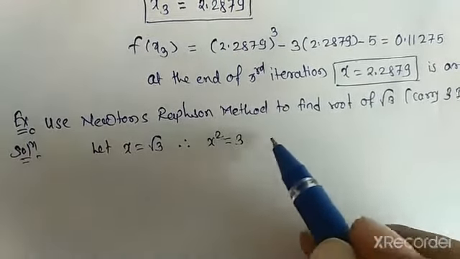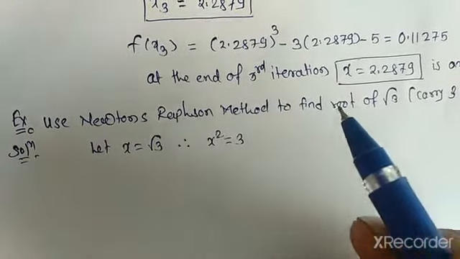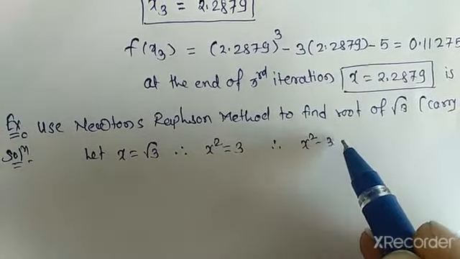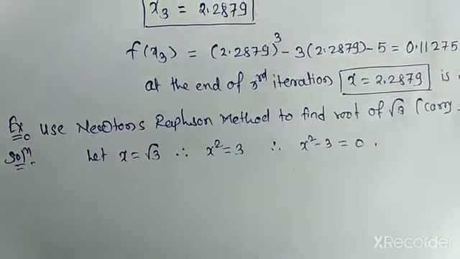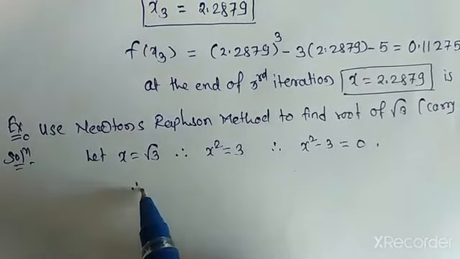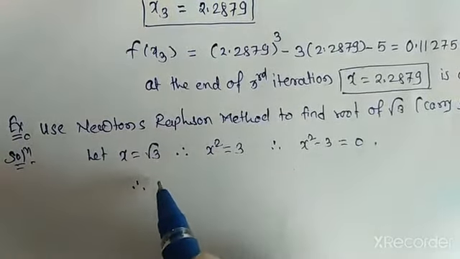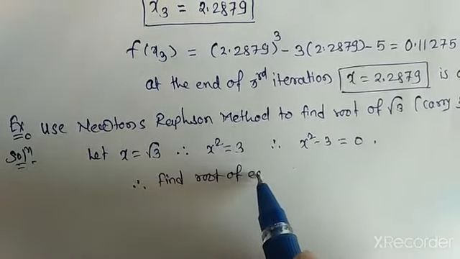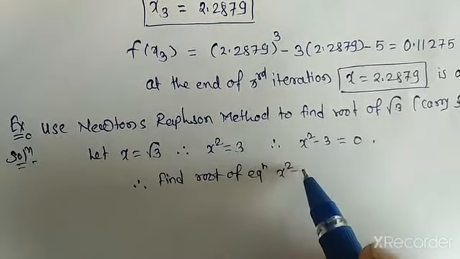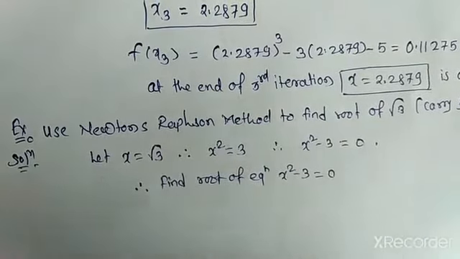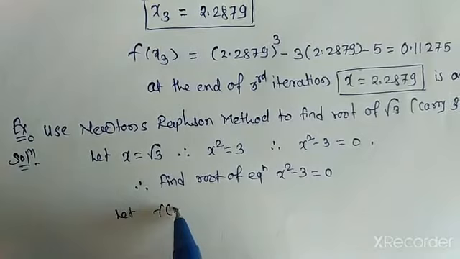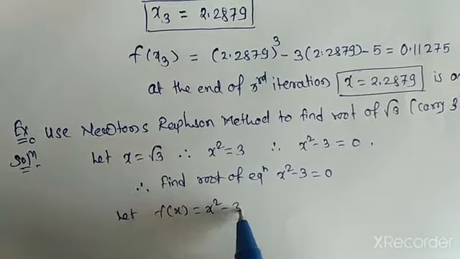We require a function in the form f of x equal to 0, so it will be x square minus 3 equal to 0. Therefore we have to find the root of the equation x square minus 3 equal to 0.